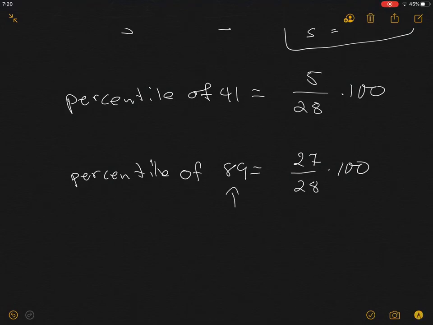Because the person who scored 89, or whatever the context is, is actually one of the scores, right? So there's no such thing as the 100th percentile. That's why you will never hear in statistics, oh, he is in the 100th percentile.